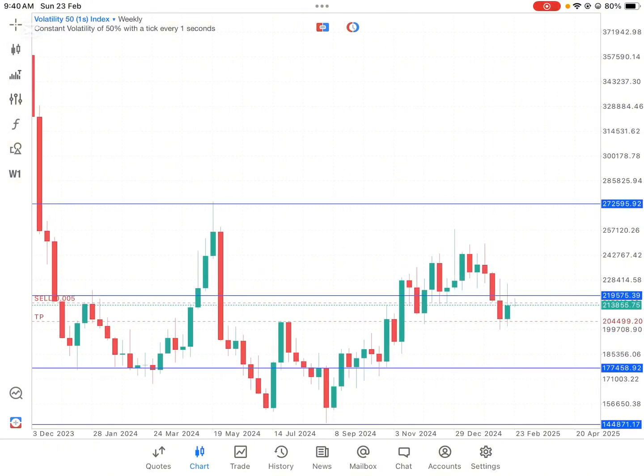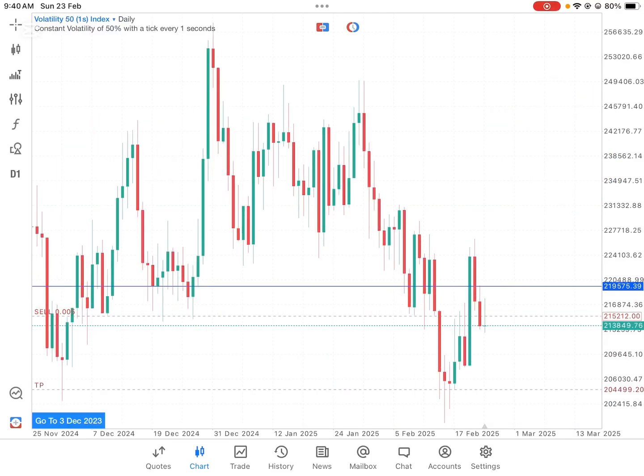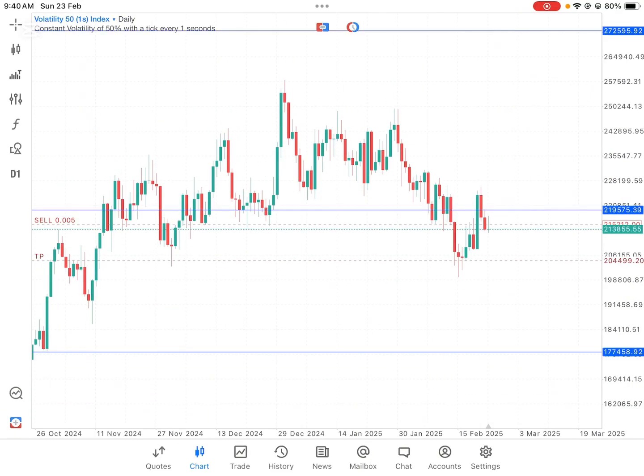Since today is Sunday, if this weekly candle should give a sell form, then our sell should be active today. But if it's not active today, then tomorrow we should.